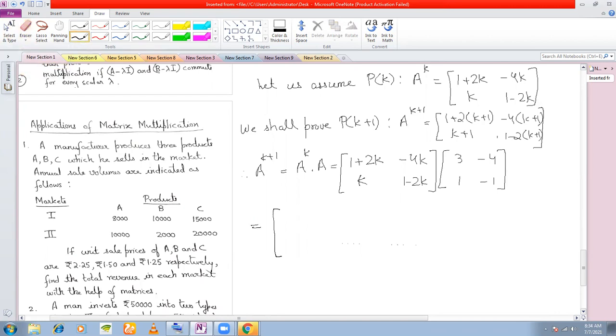Now multiply the two matrices. First row, first column. Then first row, second column.